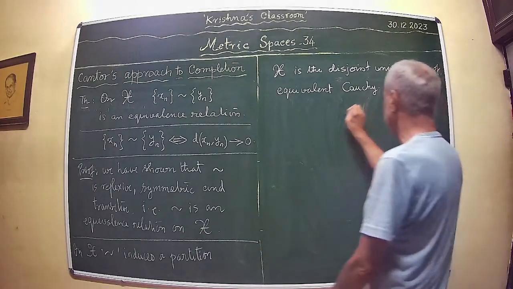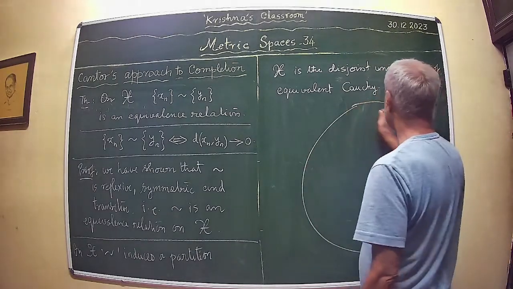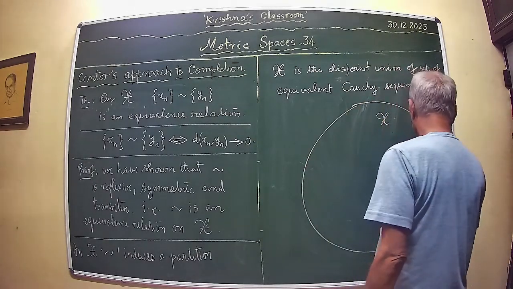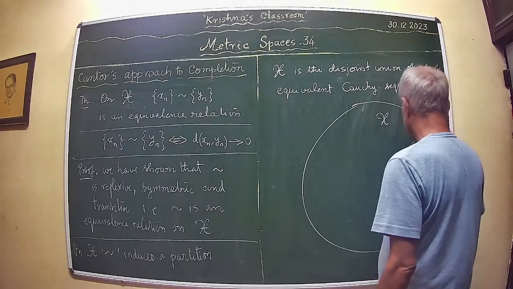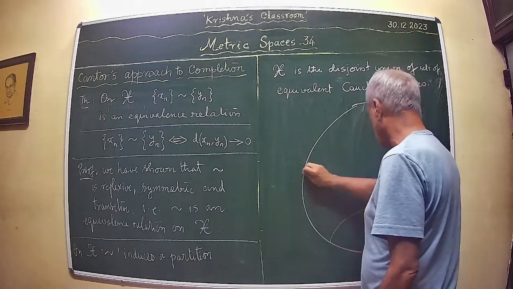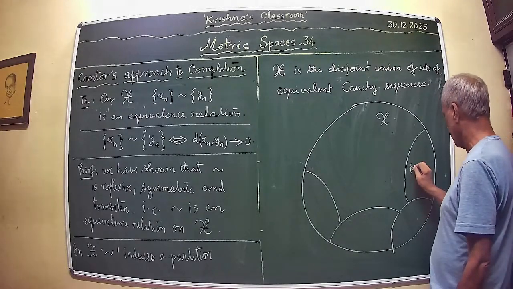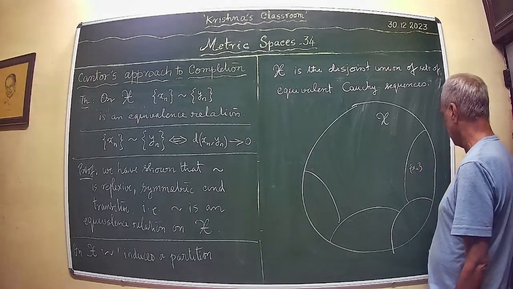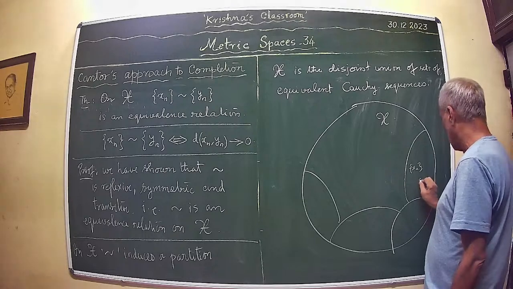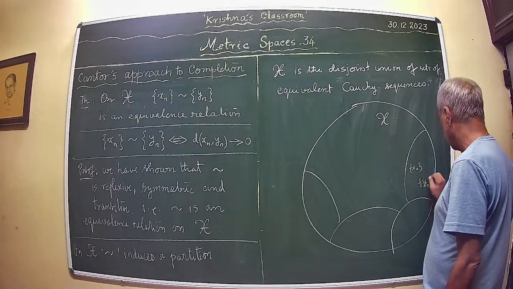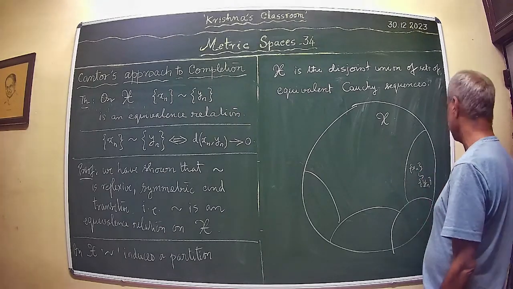So what we have is this. This is X. Now this is divided into blocks. So you have Xn here and you have Yn also here. Then these two are related.